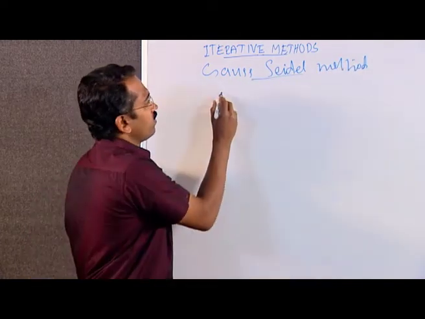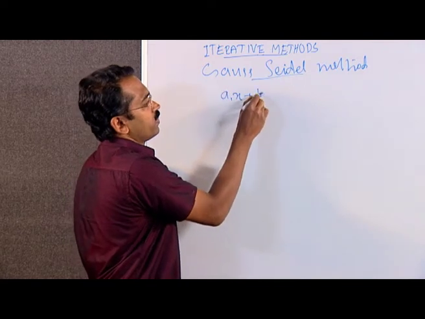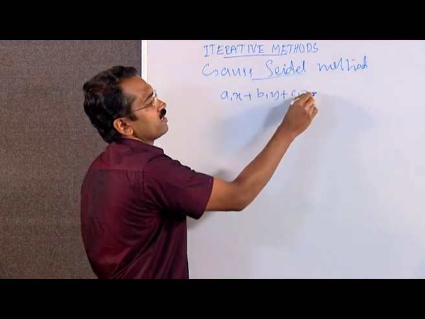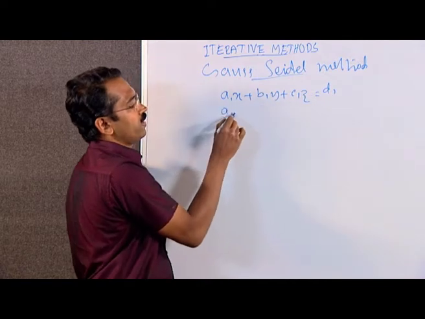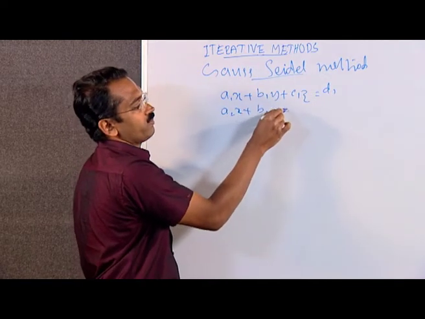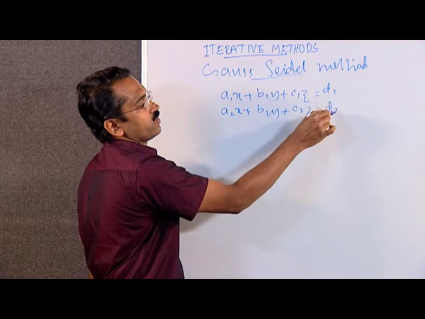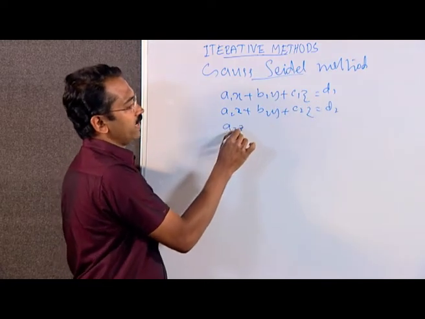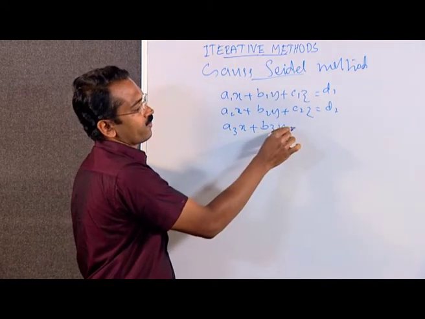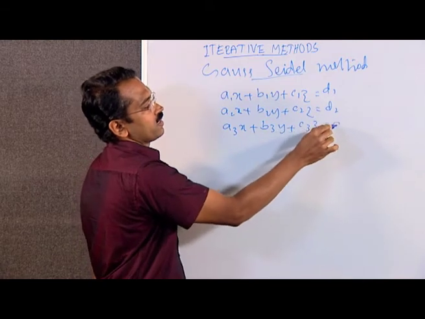Consider the system a1x plus b1y plus c1z is equal to d1, a2x plus b2y plus c2z equal to d2 and a3x plus b3y plus c3z is equal to d3.